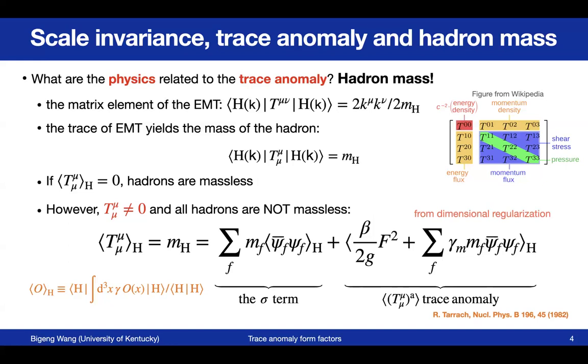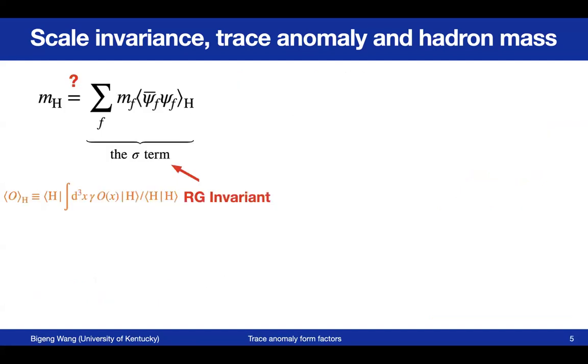So one may naively think that maybe this trace anomaly is not so important, and maybe the hadron mass comes from the fact that the quarks are not massless. However, if we actually evaluate the sigma term and compare that with the actual hadron mass, we find that the sigma term is very small.